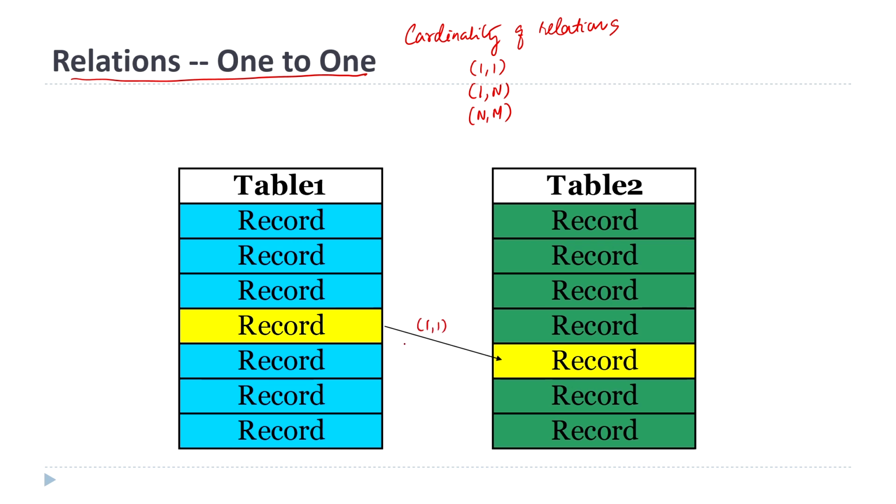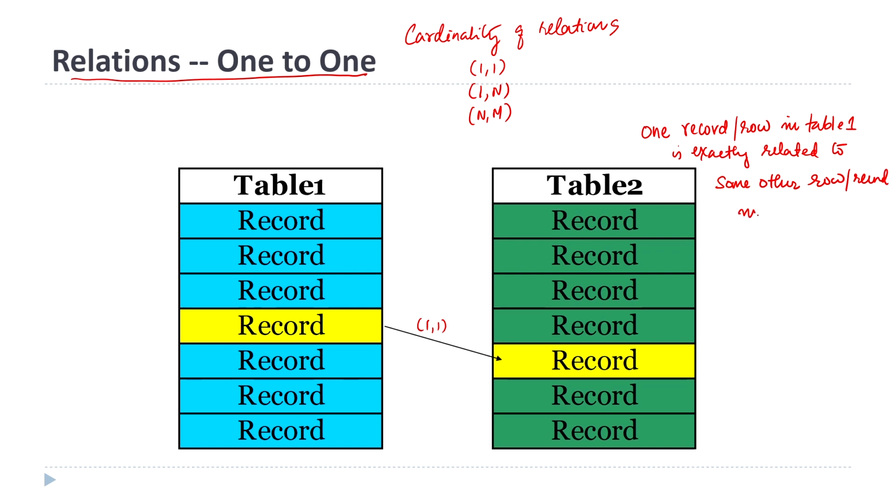one record or row in table 1 is exactly related to some other row or record in table 2.